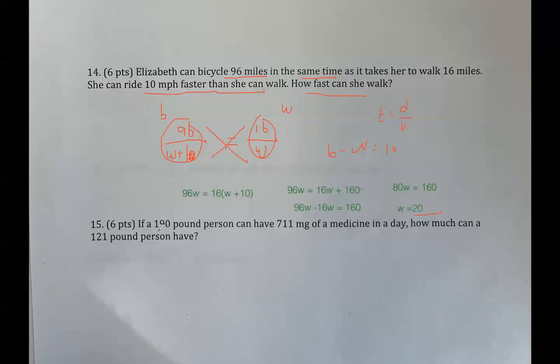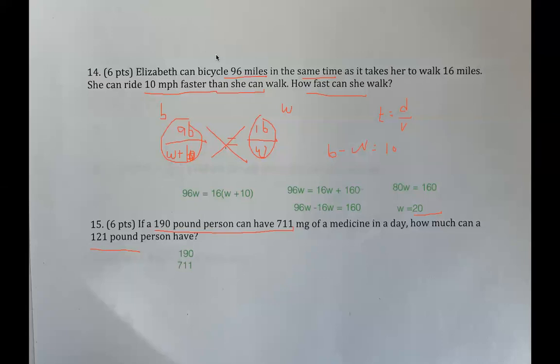Let's see 15. 15C. A 190 pounds person can have 711 milligrams of a medicine in a day. So how much can a 121 pounds person have? All right, let's set up this ratio. So the ratio will have 190 divided by 711.